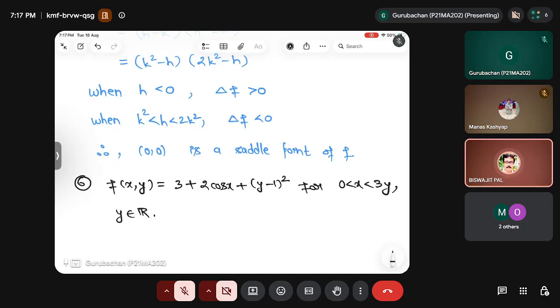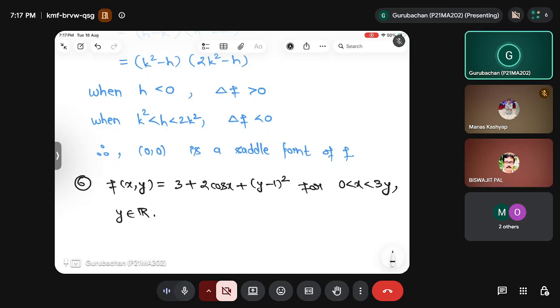So 0, 1 is a saddle point, it shows. 0, 1 is not even a critical point.